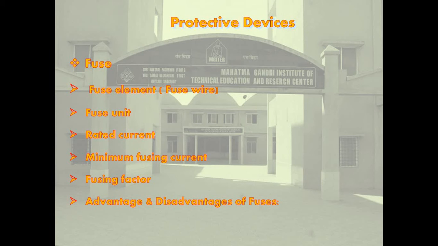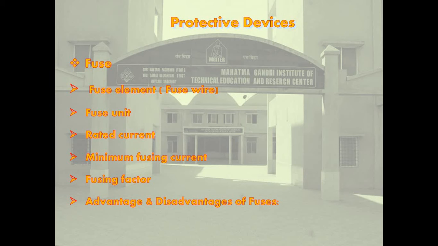In old days, the fuse was very important as a protective device. The fuse is the most common device used for the protection of electrical equipment from damage due to overcurrent. It is the first protective device developed by scientists and is most popular till date.